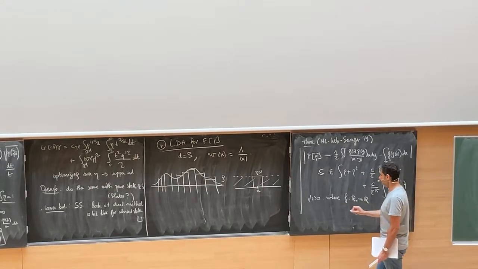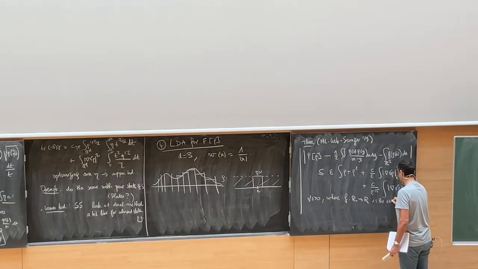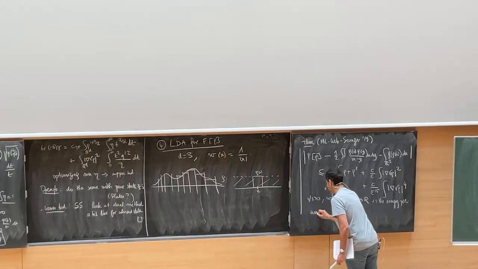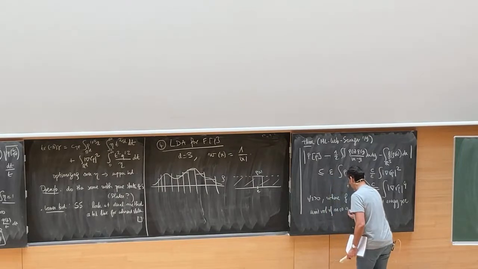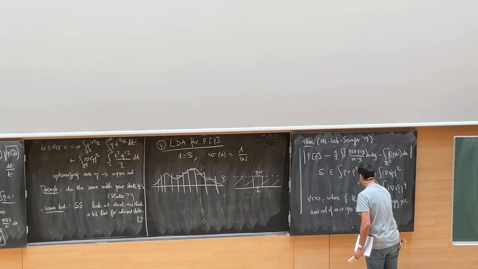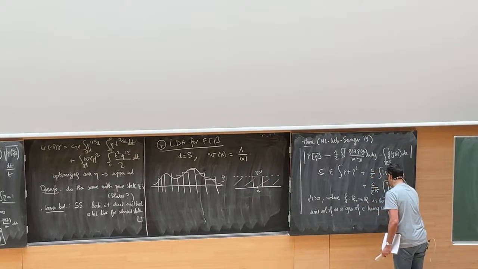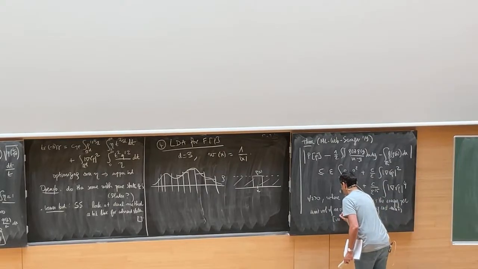Where f, let me write, is the energy per unit volume of an infinite gas of electrons with constant density. And that's of course with the direct term removed.